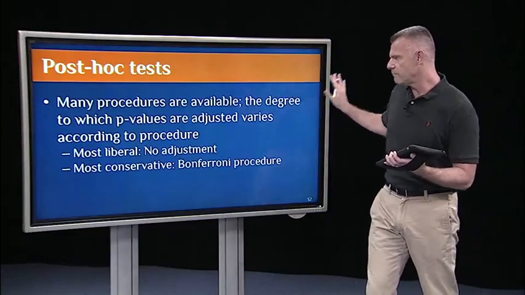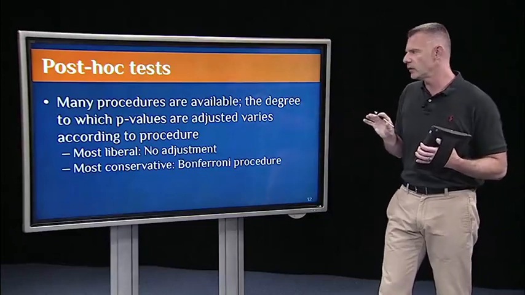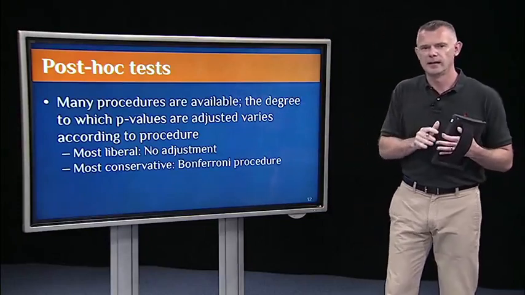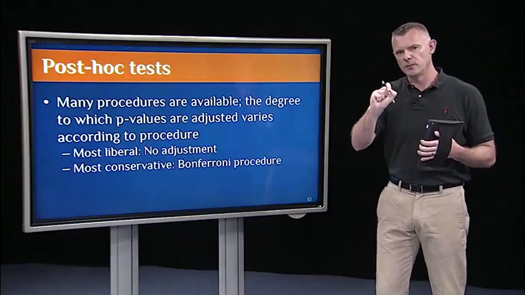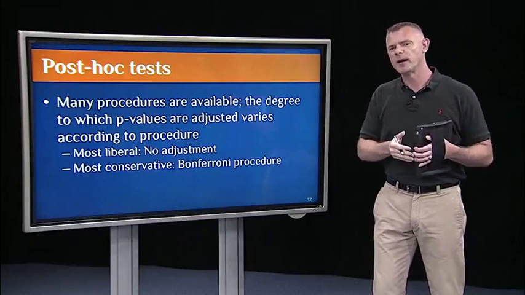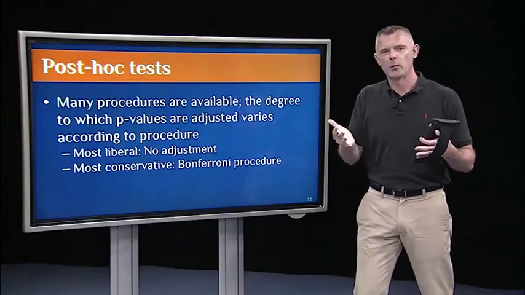So as I said, there's many procedures available. If you want to Google in R, there are lots of different functions. If you've looked at other software packages like SPSS or SAS, ones that are sort of menu driven, you can click on post hoc tests and then you have sort of 20 buttons available for you to click. You just pick one.